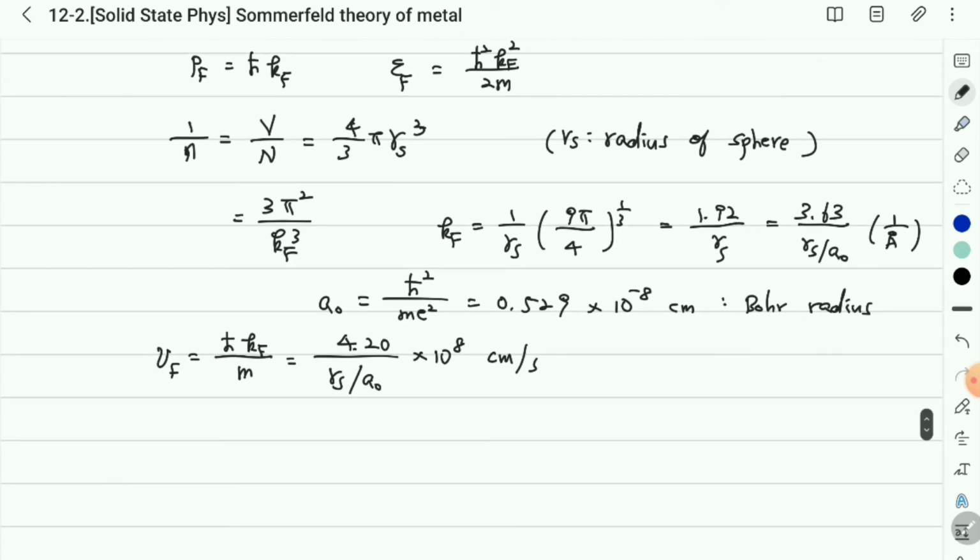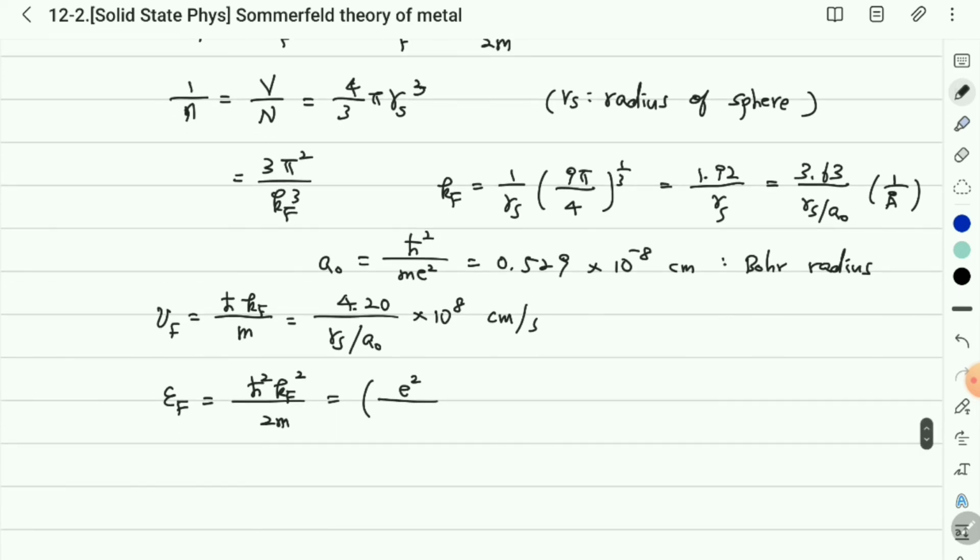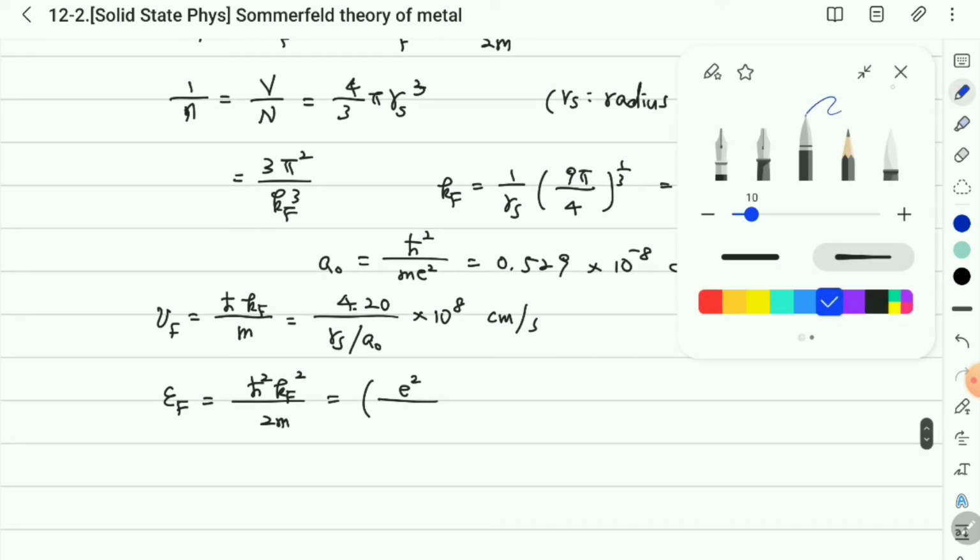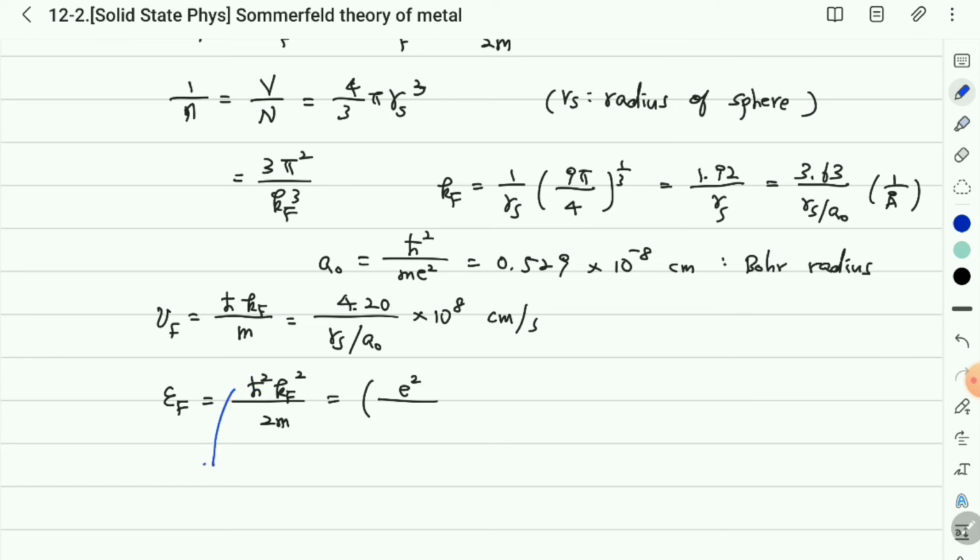And the Fermi energy is h bar square kf square over 2m, and from here h bar square over m corresponds to A0 e square.